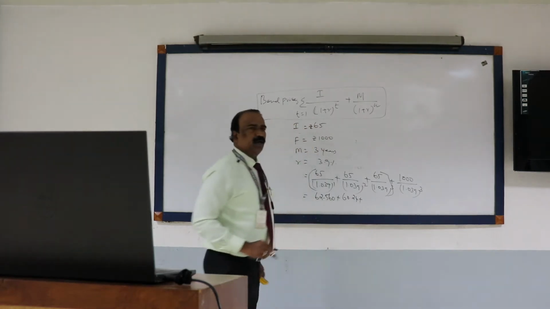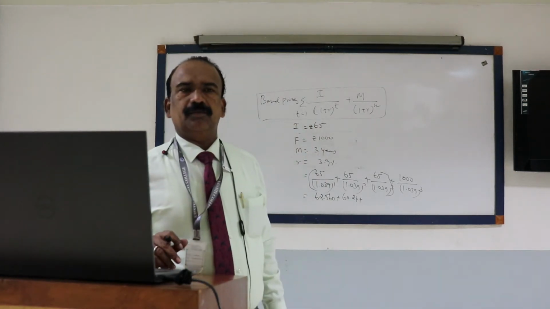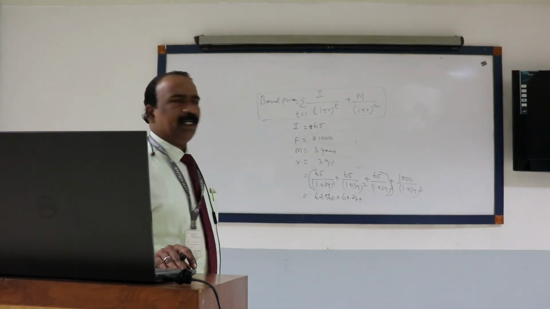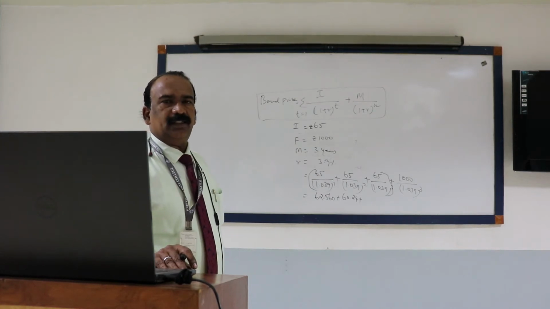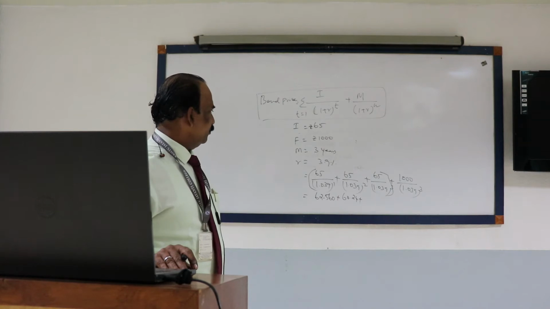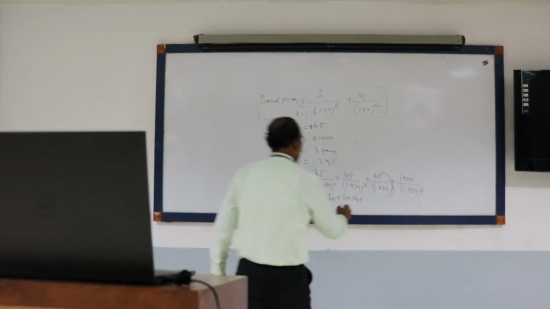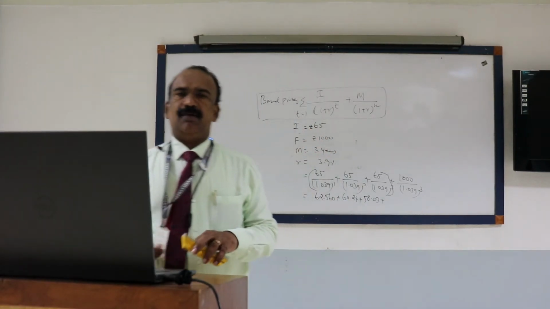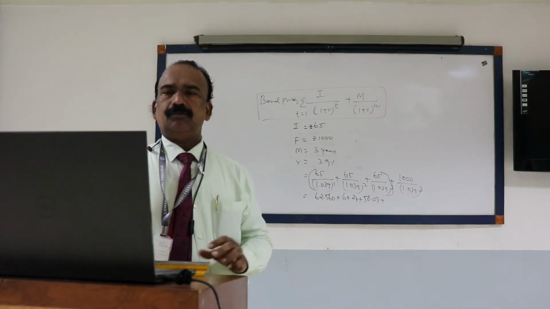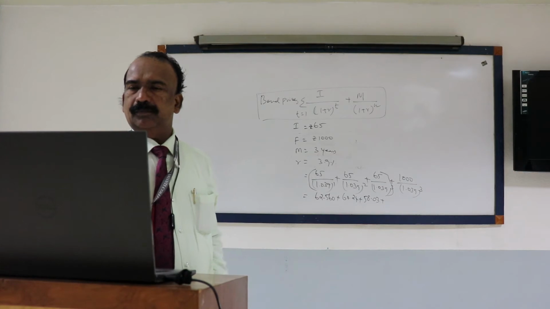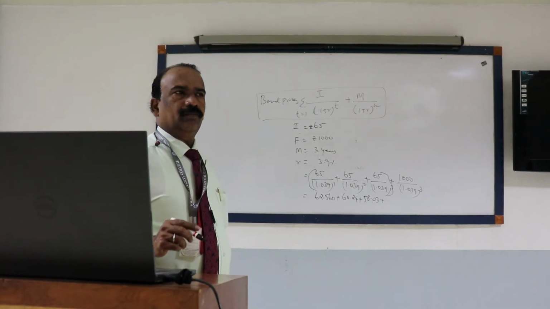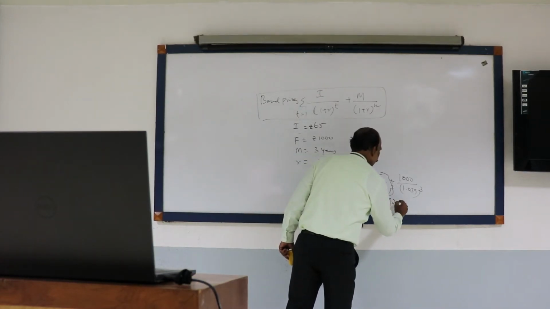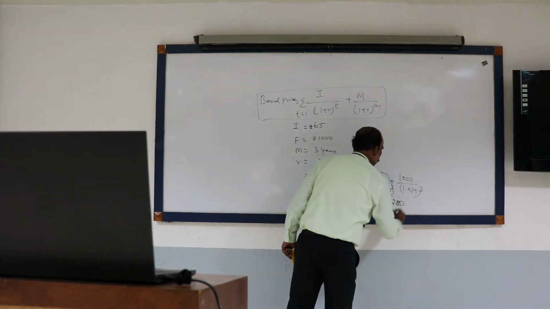Plus 65 divided by 1.039 power 3. How much comes? You can take two decimals, don't take more than two decimals. So 58.03. Plus 1,000 divided by 1.039 power 3 is 892.85. So total how much?